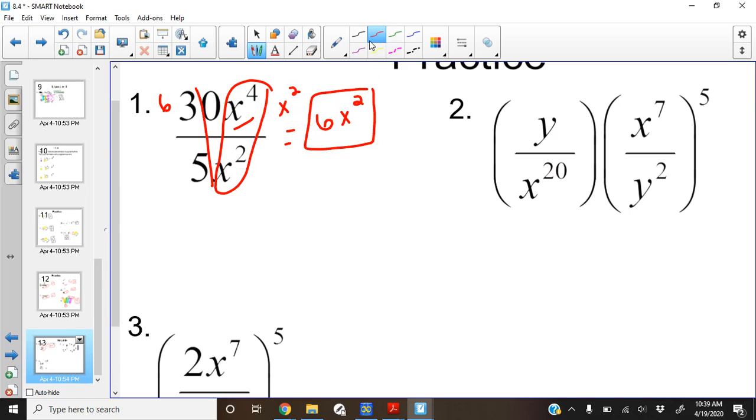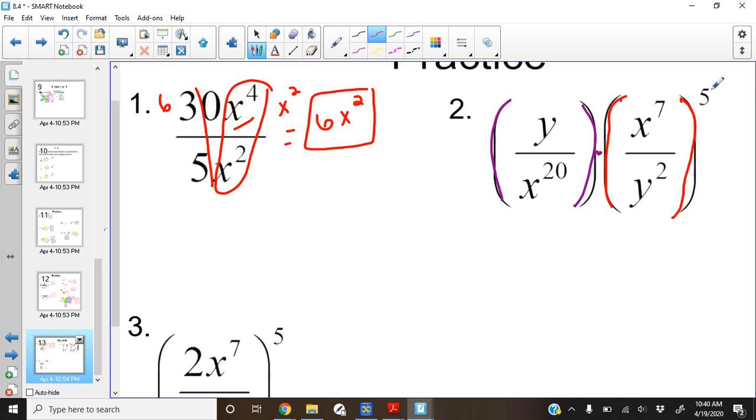All right. This next one tricks some kids because both of these are in parentheses, right? Which means you're going to be multiplying them. But which parenthesis, the first, the second, or both, has the exponent of 5?